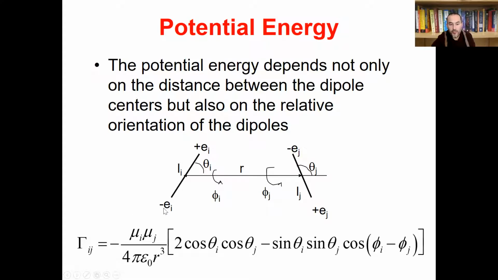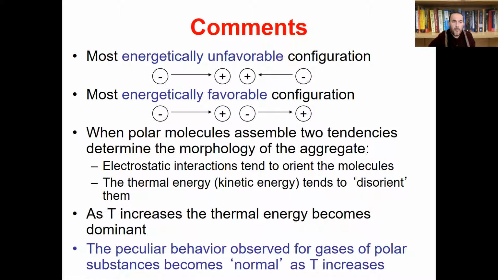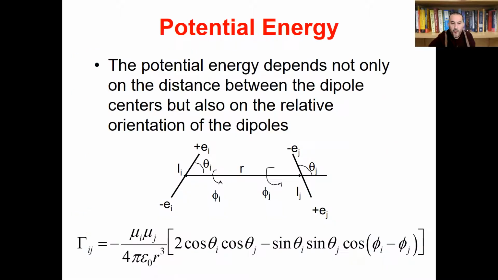You have this localization of charges: one side of the molecule is partially positively charged, the other part is negatively charged. With respect to a certain axis, they have these angles and orientations. Then you have this formula that expresses the potential energy between two permanent dipoles.